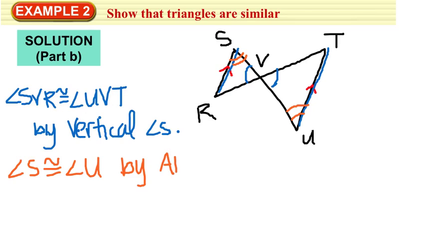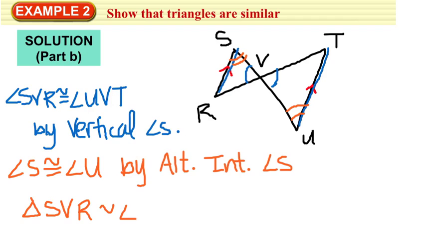So we can just write by alternate interior angles. Okay, so we have our two pairs of angles that are congruent. So we can conclude that triangle SVR is in fact similar to triangle UVT. And this is by the lovely AA similarity postulate.